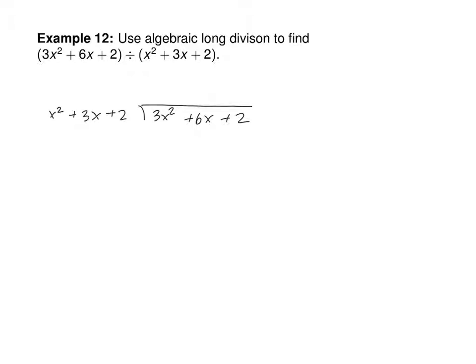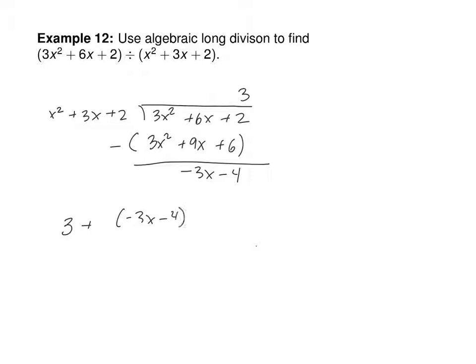So what's the one number you multiply by? 3. And for your remainder, did you get negative 3x minus 4? So the result of this division is 3 plus negative 3x minus 4 over x squared plus 3x plus 2.